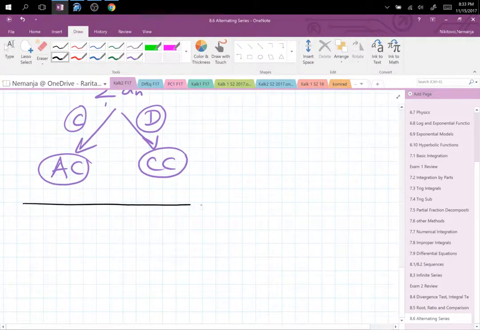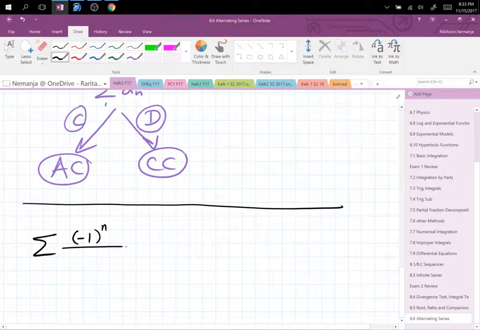So let's take a look at first example, summation of -1 to the n over n squared plus 3 from 1 to infinity. So we consider an, which is 1 over n squared plus 3.